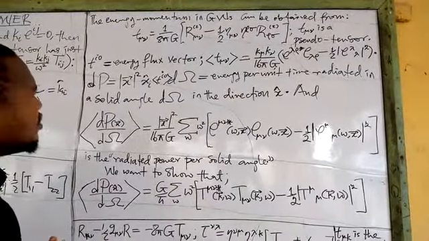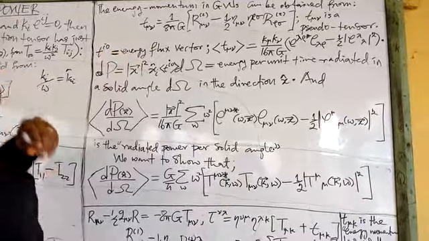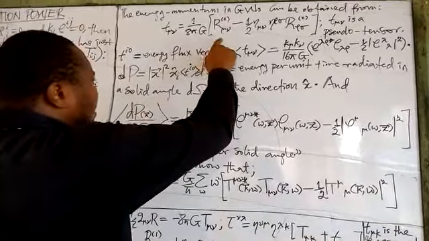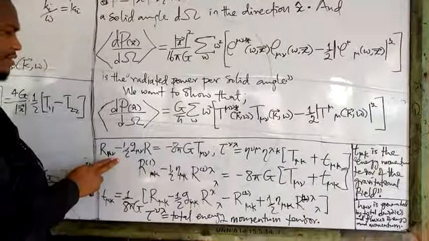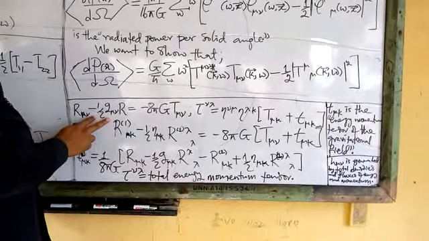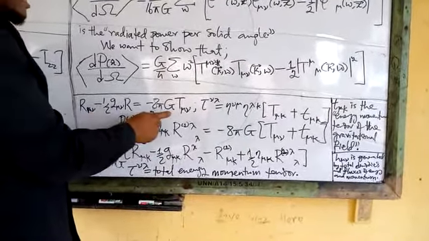The energy momentum in gravitational waves can be obtained from this expression. This expression is 1 over 2G. For instance, I would like to use this equation here that I've written down already to explain this. This is the Einstein field equation, written with the Einstein tensor equal to that.